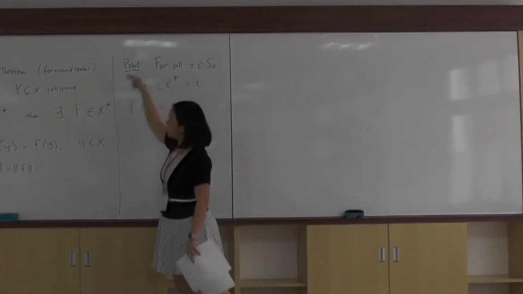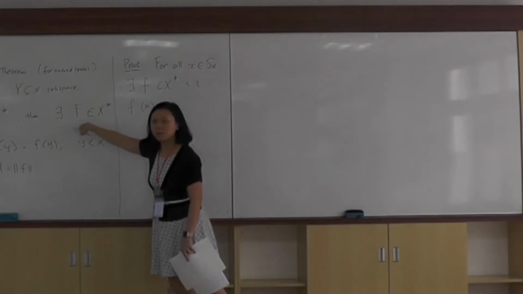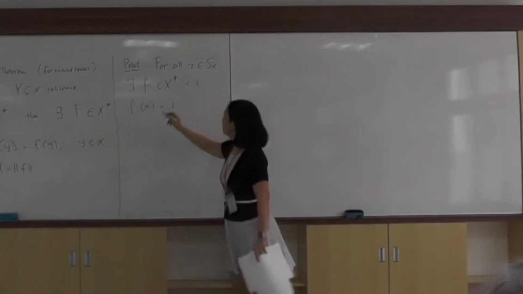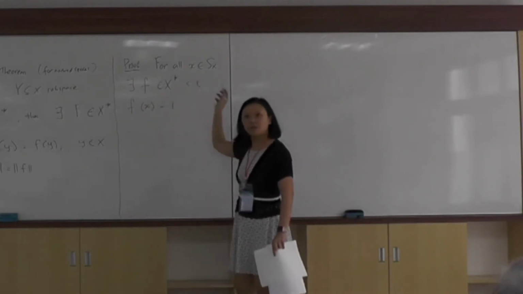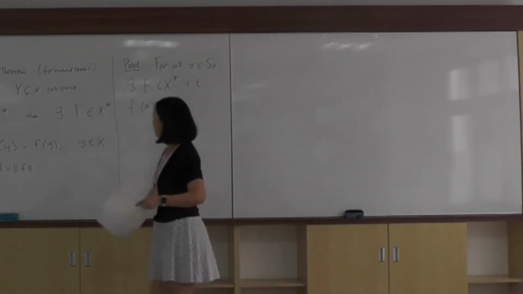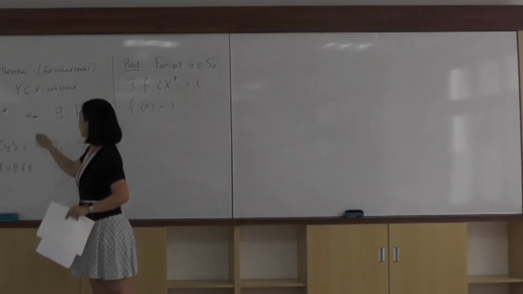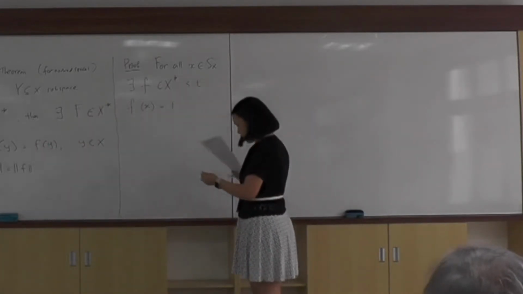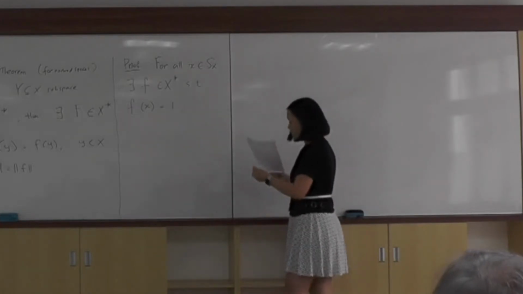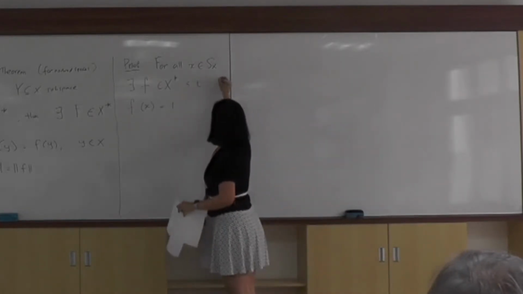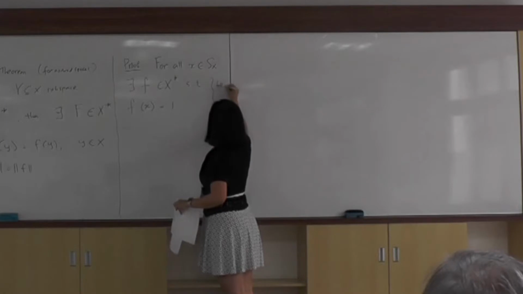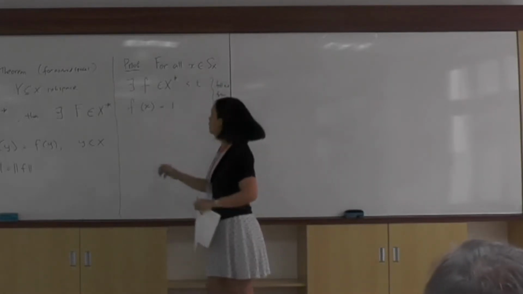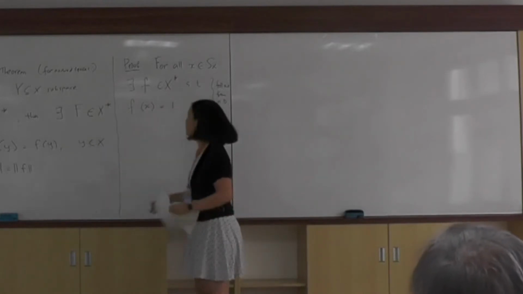Essentially, you apply the Hahn-Banach theorem where Y is just the span of one vector, and you choose it in such a way that F evaluates to 1. So this is from Hahn-Banach. Existence follows from Hahn-Banach. It may not be unique, but it doesn't matter. We just choose one if it's not unique.